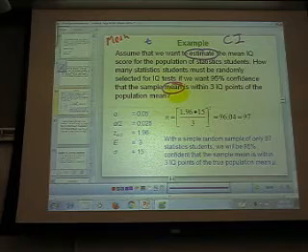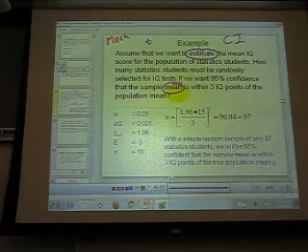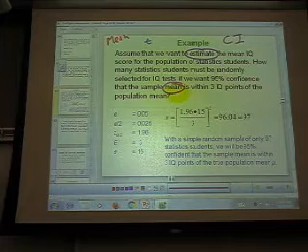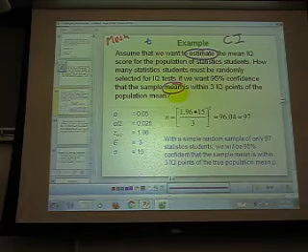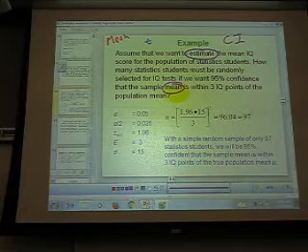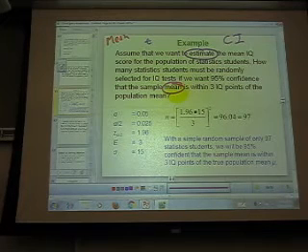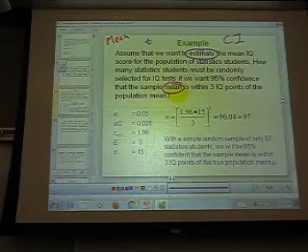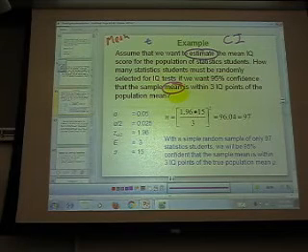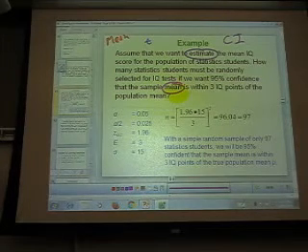Then, what's up with this one? It's special. Take 15 seconds to figure out why it's special. If it didn't give us the standard deviation, how would we?